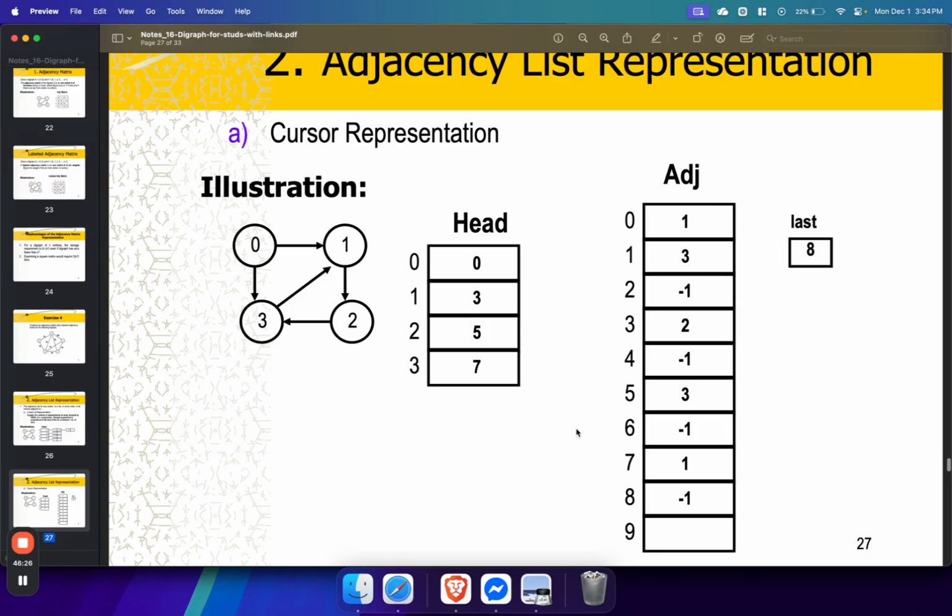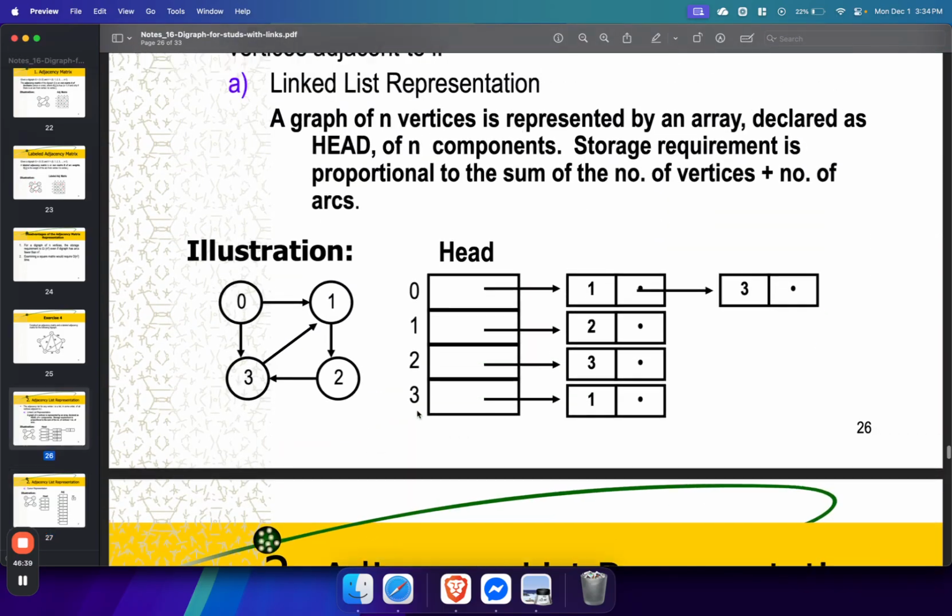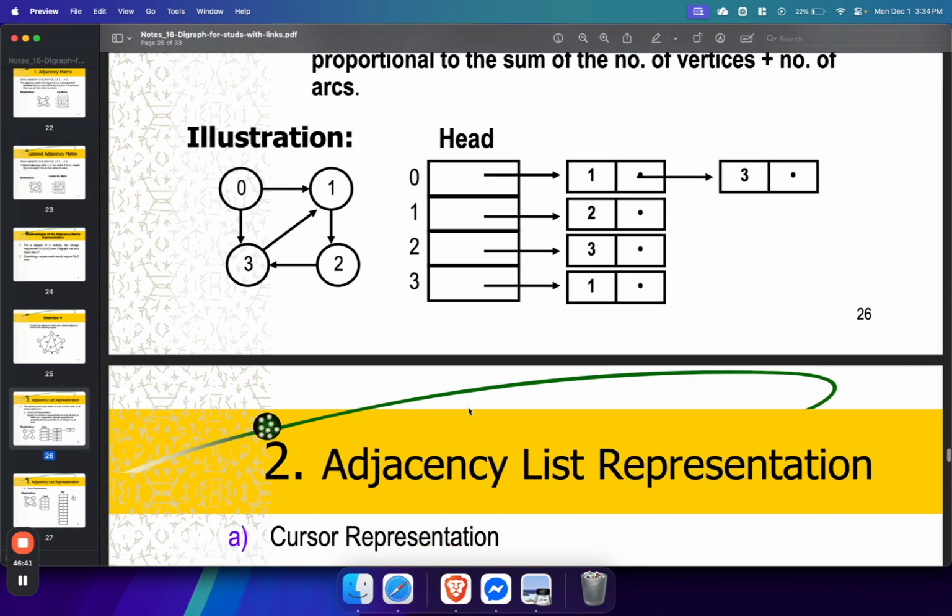So take for example, 0 has an arc to 1 and an arc to 3. How do I represent this as a cursor representation? It's something similar to this.